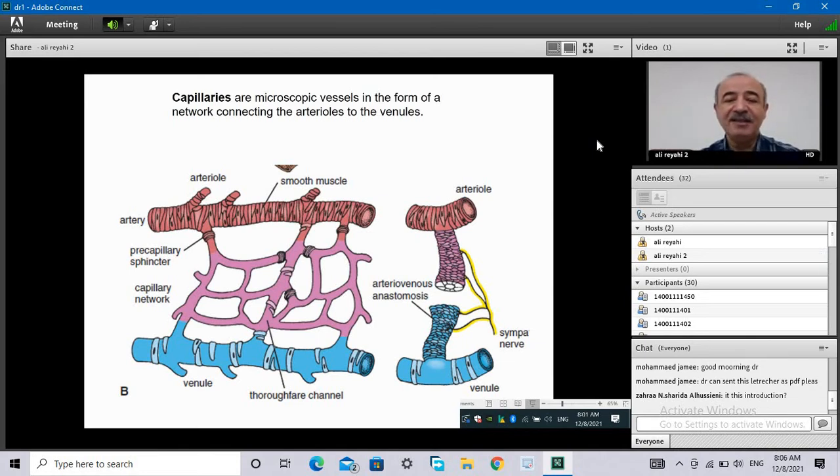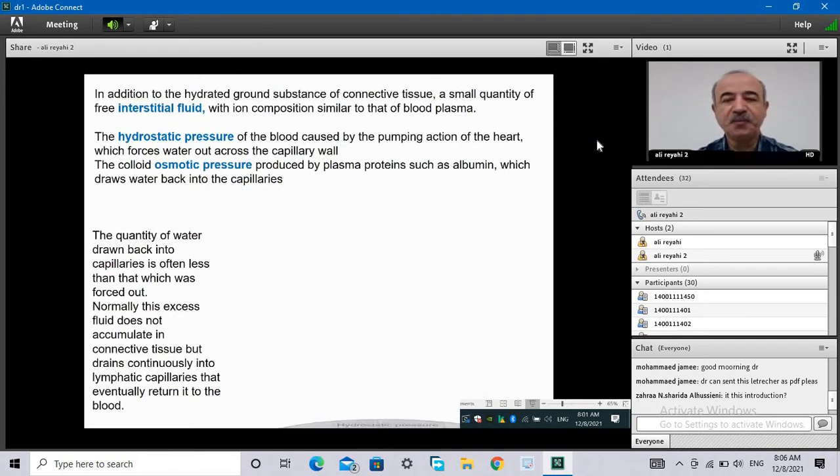And the other end of the capillary is connected to the venule that collects the deoxygenated blood from the tissue, okay. And the venules join to each other and form the large vein, okay.